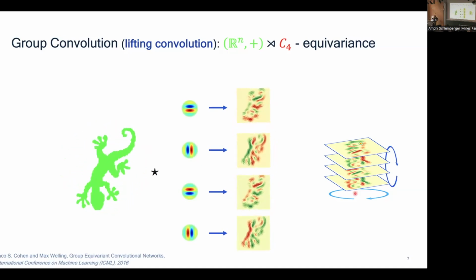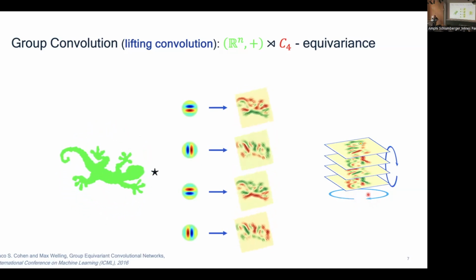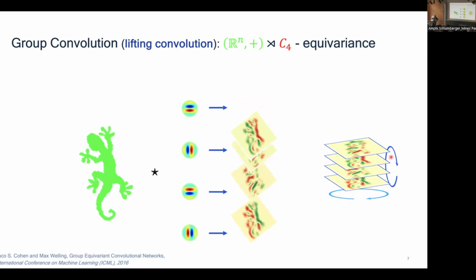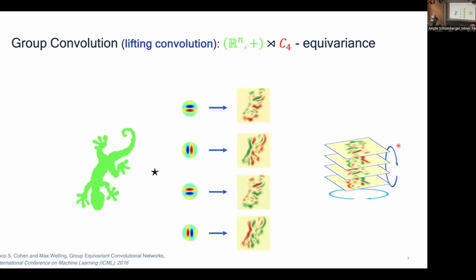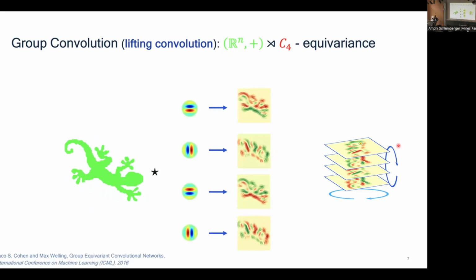More precisely, we see that a rotation of the input leads to a rotation of the output pixels, like one would expect, but also a cyclic shift of the 4 output channels. Keep that in mind. This is the basic idea of group convolution.